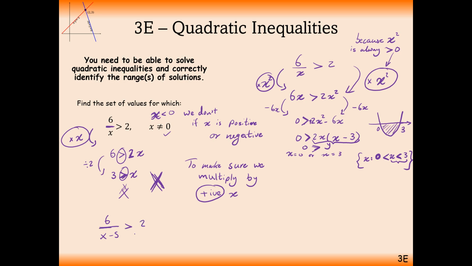In that case, what you do is multiply both sides by the square of this whole term, so you multiply by (x minus 5) squared on both sides of the inequality. So you get 6 times (x minus 5), an extra factor on top of the numerator, and it's bigger than 2 lots of (x minus 5) squared. You can continue solving that. I'm not doing that in this video, but you just have to do that.